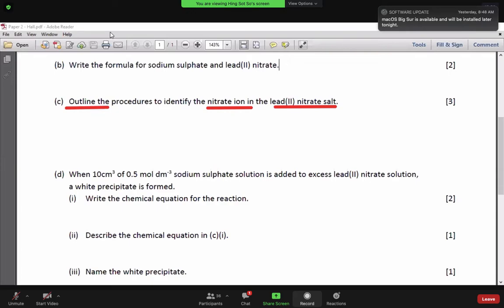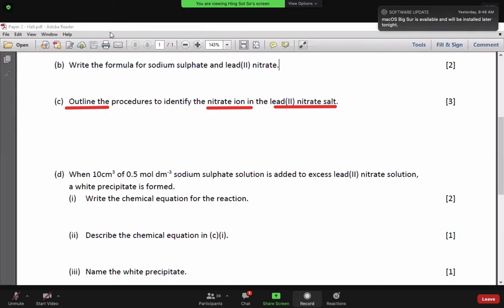Aluminum foil 这个是 IG 的，我觉得这个是不能用的，在 SPM。So this one should be using the brown ring test. The brown ring test is new for you guys. 你不可以写 IGCSE 的。Okay, so anyone, do you know the answer?